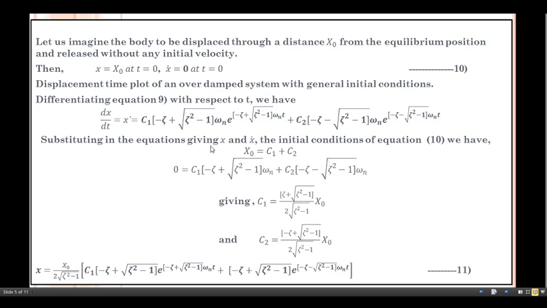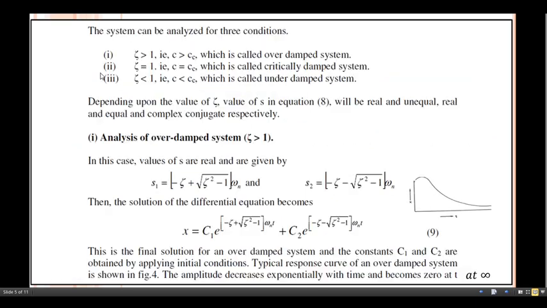Substituting in the equations giving x and x dot, the initial condition of equation number 10 we have. Now if we apply the initial condition here, we can get x naught. The initial conditions are x equals x naught at time t equals 0, and x dot equals 0 at time t equals 0. This is the case of displacement.